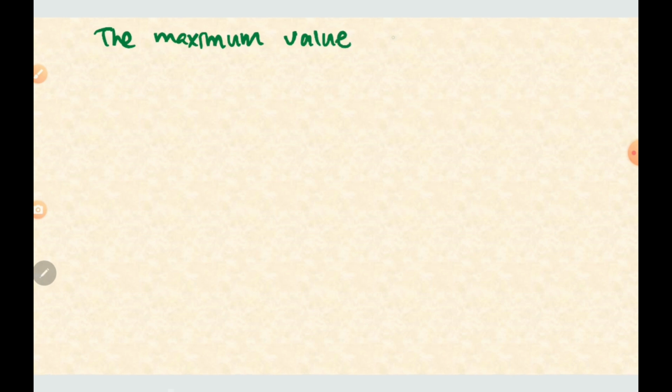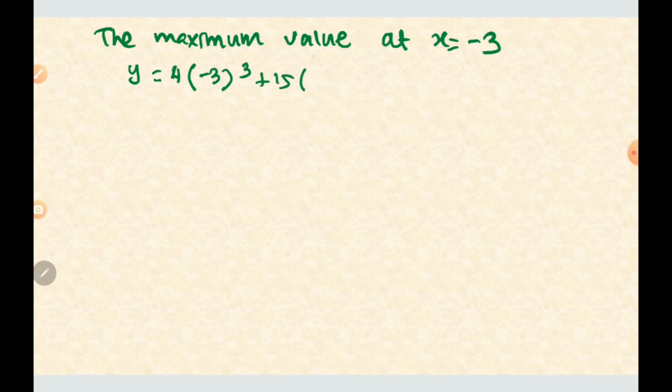So the maximum value at x equals -3 means you have to substitute -3 into the function y, and you will get y equals 4 times -3 cubed plus 15 multiplied by -3 squared minus 18 times -3 plus 7, and the answer is 88.